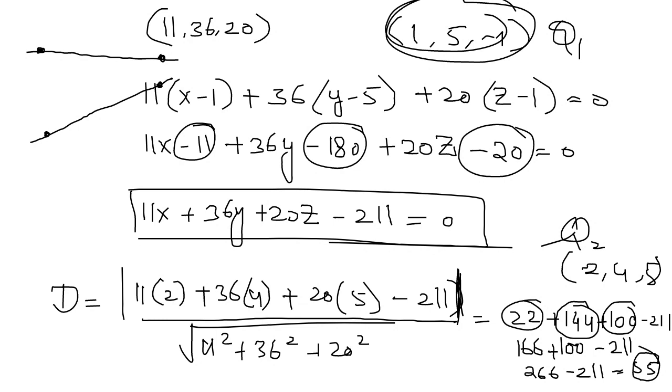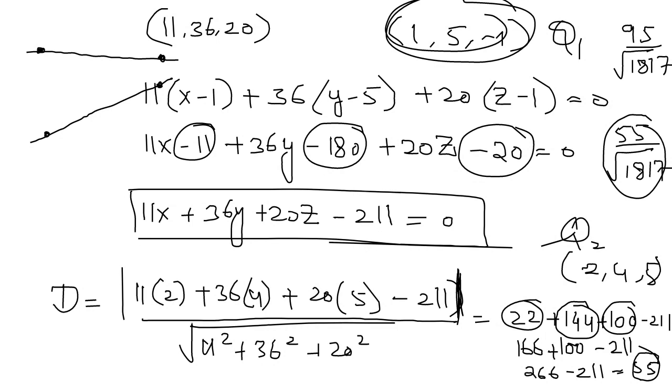From this value, 55 over the square root of 1817, and before it was 95 divided by the square root of 1817, this tells us that they are not parallel to each other. Got it? If they have the same number, it means the distance from any 2 points on the line will give the same value. Got it?